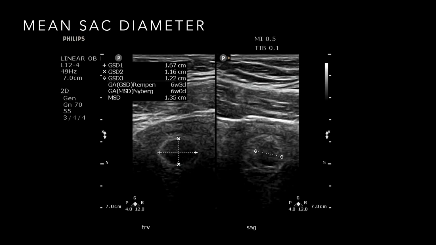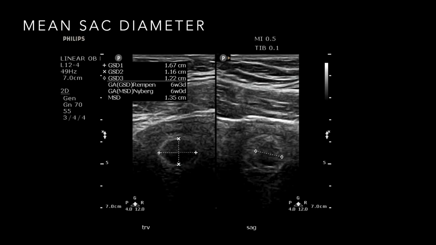And so therefore, the thought is you can measure that size, right? And from there, calculate a gestational age. And you can look up in textbooks, there are charts that say gestational sac, mean sac diameter of this many millimeters corresponds with this many weeks, days of gestational age, right?